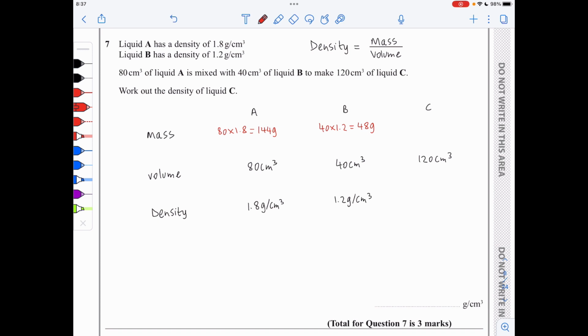So 144 plus 48, that means that the mass of C is 192 grams, and therefore we have just obtained the mass and the volume of C. So I could simply say that the density of C will be the mass, 192 grams, over the volume, 120 cubic centimeters, which works out to be 1.6 grams per cubic centimeter.